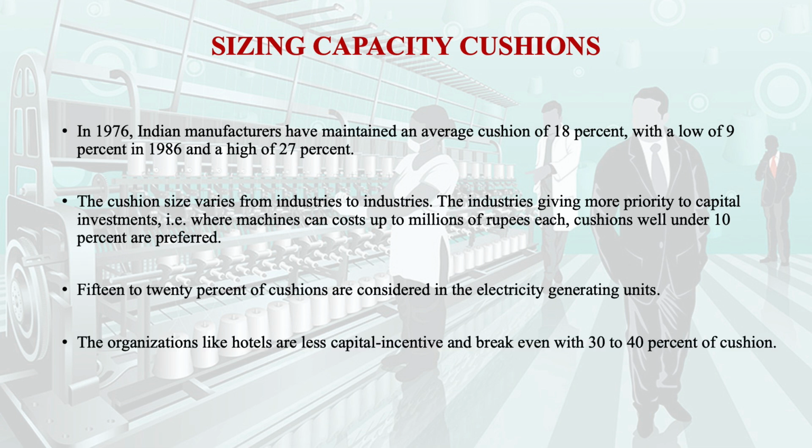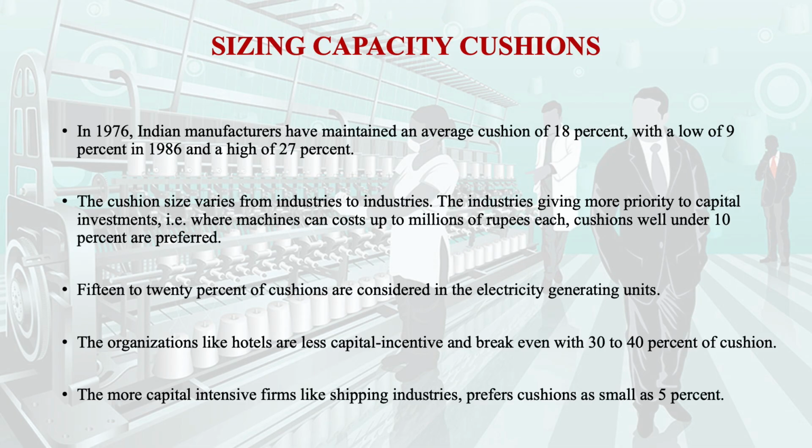Organizations like hotels are less capital intensive, and the break-even is always with 30 to 40% cushion. The more capital intensive firms like the shipping industry prefer a cushion as small as only 5%.